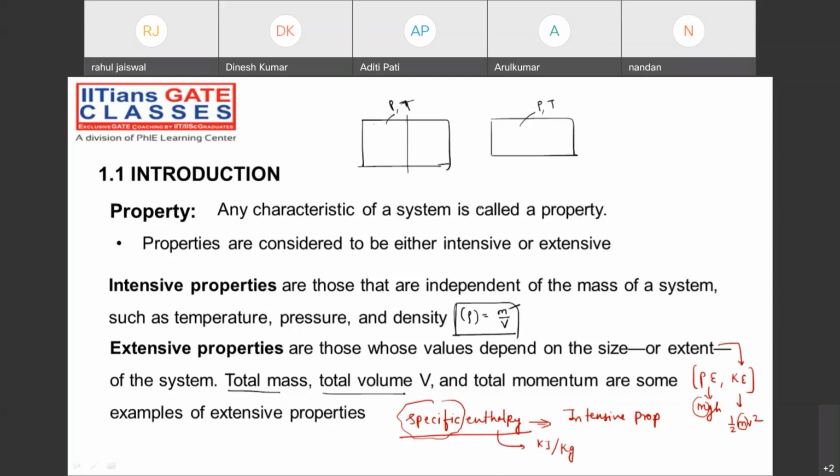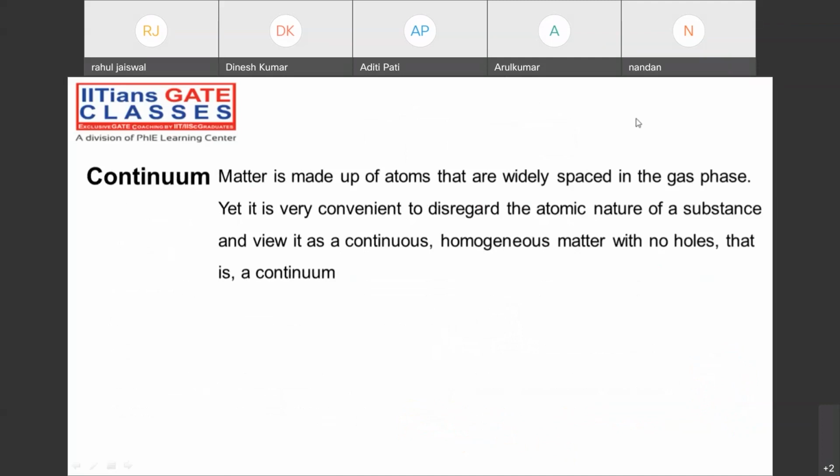Now, note down the next concept, the concept of continuum. Does anybody have any idea about this concept of continuum?